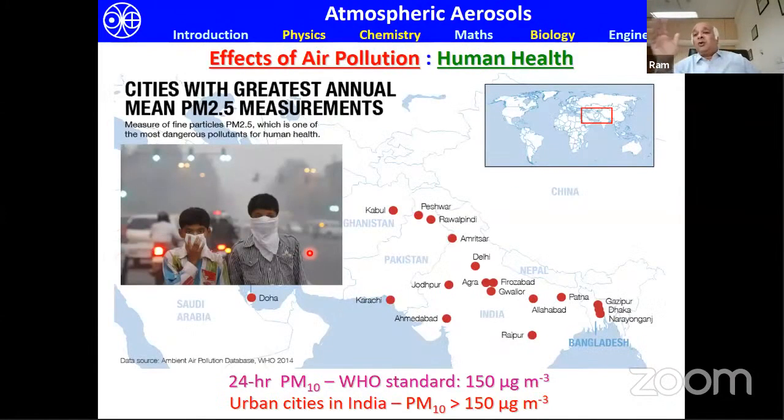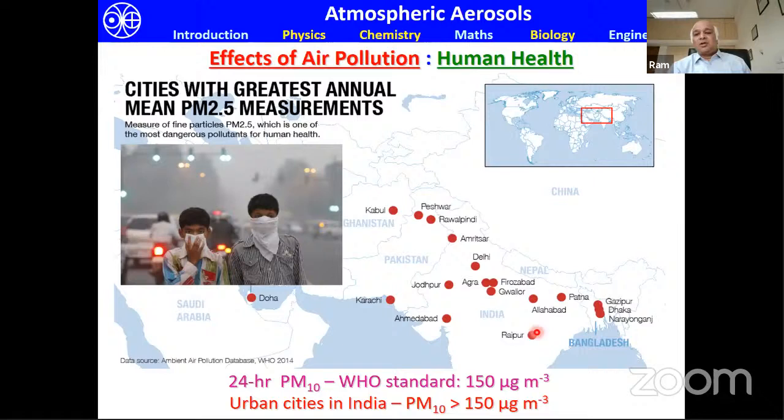Then the other very close effect that almost troubles everybody is the impact on human health. We know that typically in polluted conditions, the sky is hazy, etc. You can smell the air, as we call it.